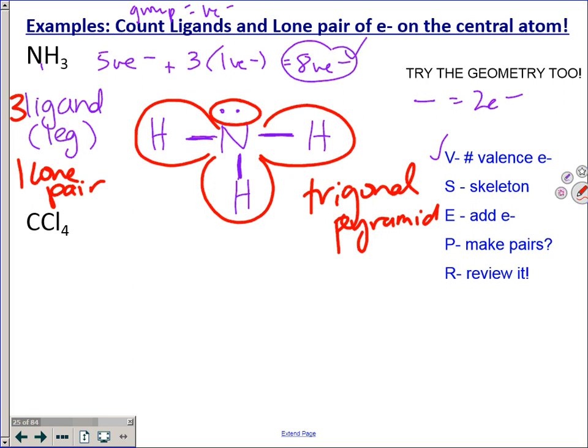Short stubby bonds. Blue one is nitrogen, short stubby bonds. Hydrogens are white. Wait, so the lines are just one, but 3 of them? A little stubby one? Yep, because that means 2 electrons. No, get the little white one. The white ones are hydrogens.